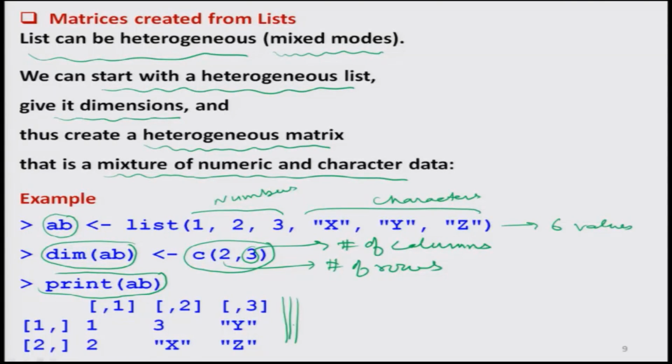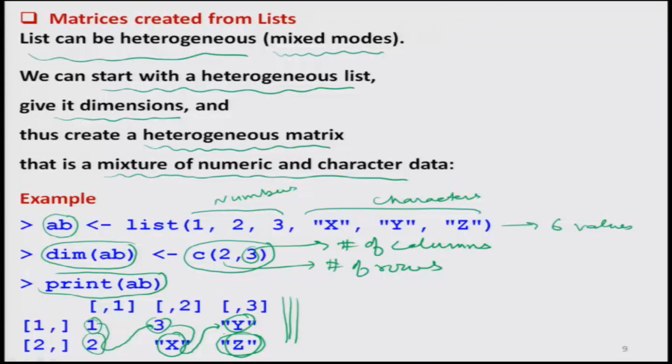You can see here that these values are arranged according to the values in the list: 1, 2, then 3, then 4 and then 5 and then the 6th value. So, the 1, 2, 3 and the 4th, 5th, 6th values which are here x, y and z.